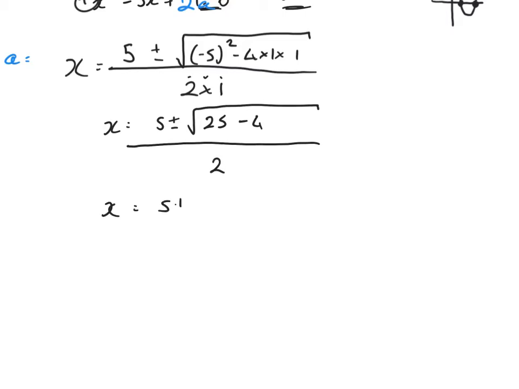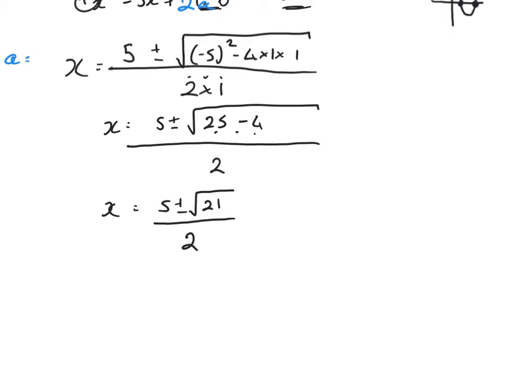So that's now 5 plus or minus the square root of 25 take away 4, which is 21, all divided by 2. Now for the first time, we're starting to see a number in here which is not convenient, in that it's not going to give us a whole number, but we can still work with it, and this would be a calculator question.